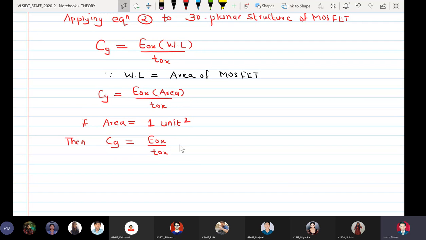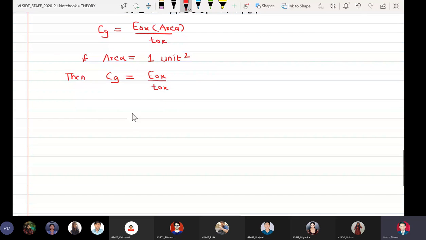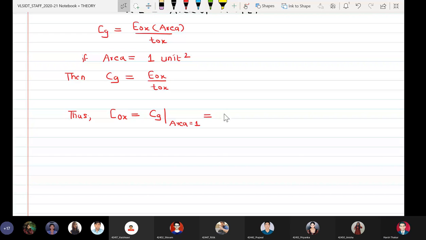Okay, so thus C ox is equal to Cg for area equal to 1, equal to epsilon ox upon T ox.